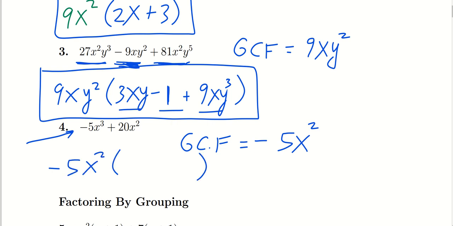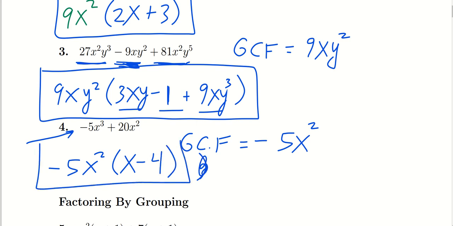Negative 5x squared factored out of negative 5x cubed should leave us with a positive x. Negative 5 divides into positive 40. That goes in negative 4 times. And then that's it. So our answer is negative 5x squared times the quantity x minus 4.